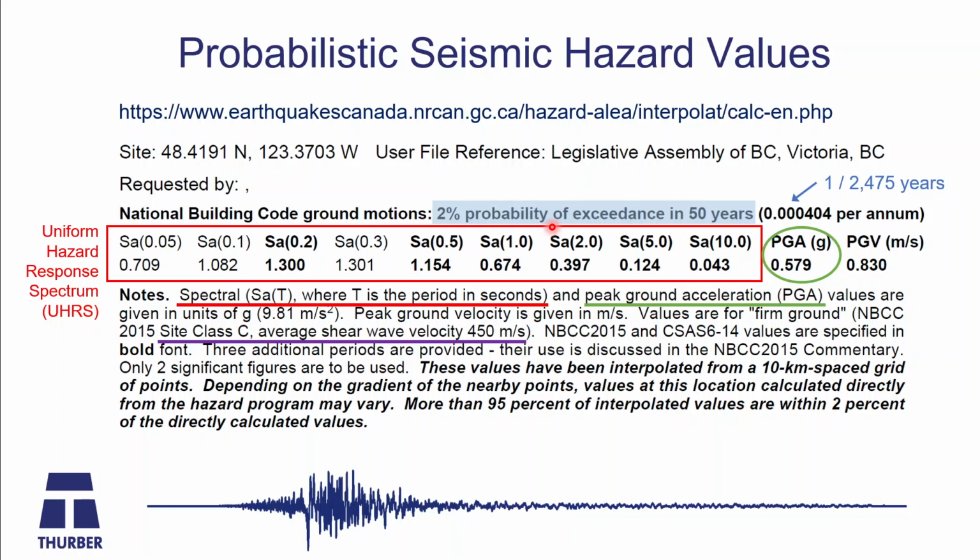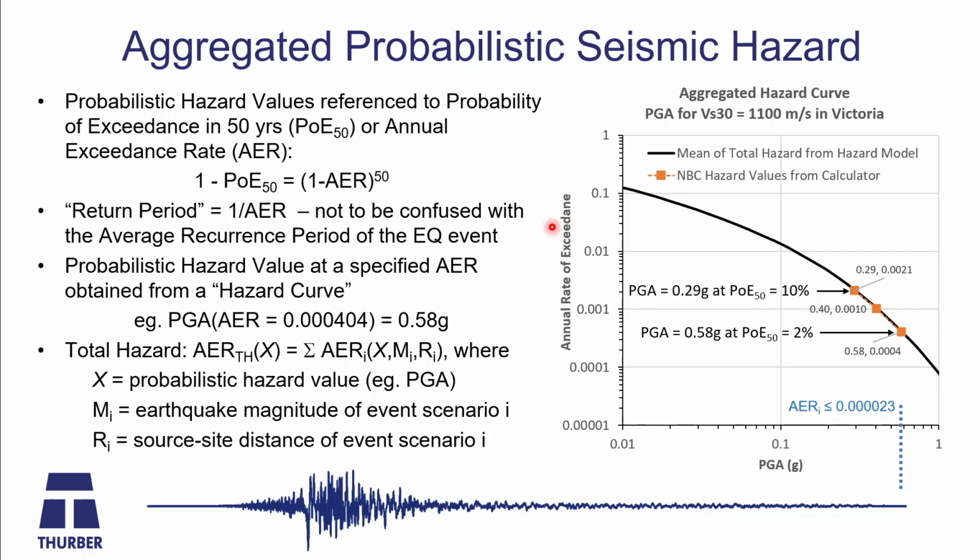Basically, these are values at every period that have a 2% probability of exceedance in 50 years, right? That can be converted to an annual probability of exceedance of 0.0004, which, if you take the reciprocal, is a 2,475 year return period. That is what we call an aggregated probabilistic hazard.